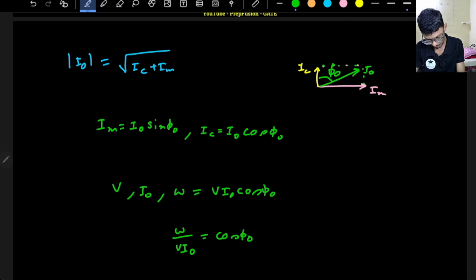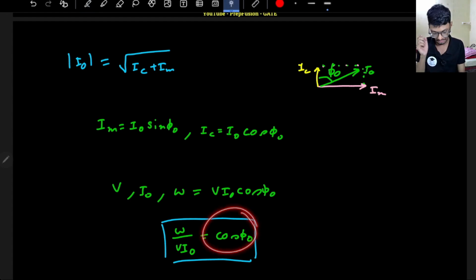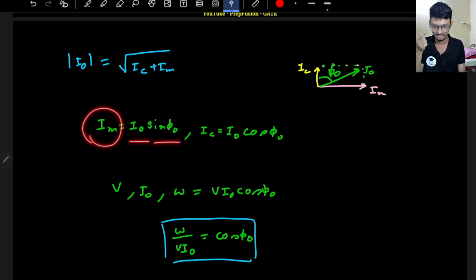If I divide the wattmeter reading by the product of the voltmeter reading and the ammeter reading, that gives me the power factor cos phi naught. Then IC will be IO cos phi naught and IM will be IO sin phi naught, because I can find out the no load power factor angle phi naught.